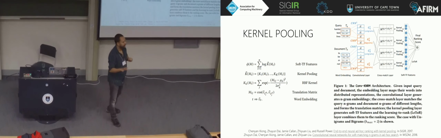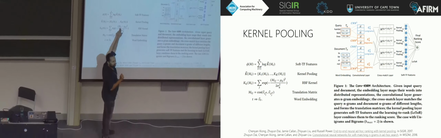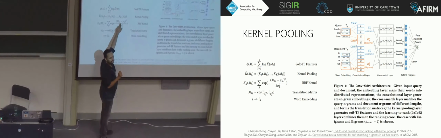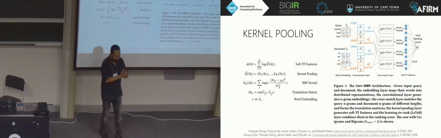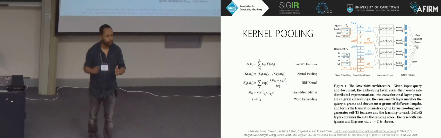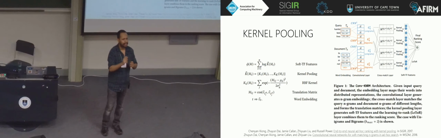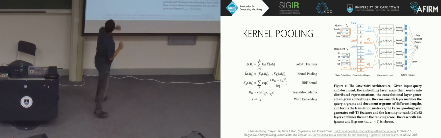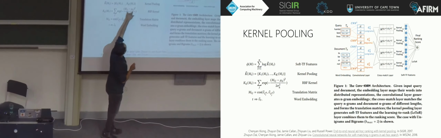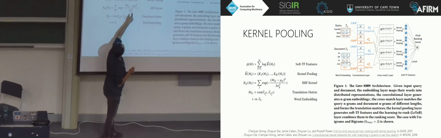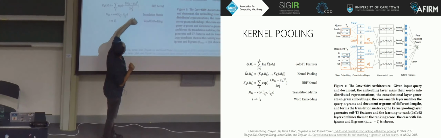And the trick is really simple. They take the similarity score between the ith query term and the jth document term, and they basically want to detect these 10 features. And one of the features, let's say, says the similarity is somewhere around 0.3, right? So they take the similarity score minus 0.3, whole square, divided by a constant. It looks like standard deviation, but it's not; it's a constant here.